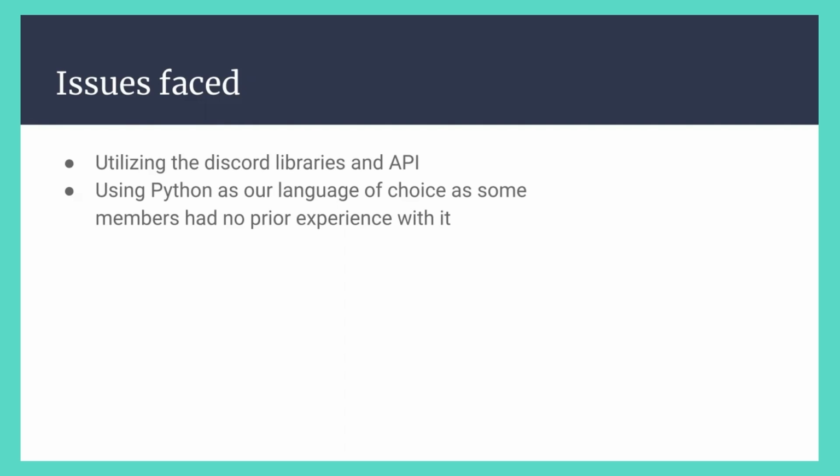Another issue that we faced was using Python as our primary language, because some of our members didn't have a big prior experience with Python. So when we did the pair programming, we made sure to split up the members with one experienced member and one inexperienced member so that we could help each other on the project.